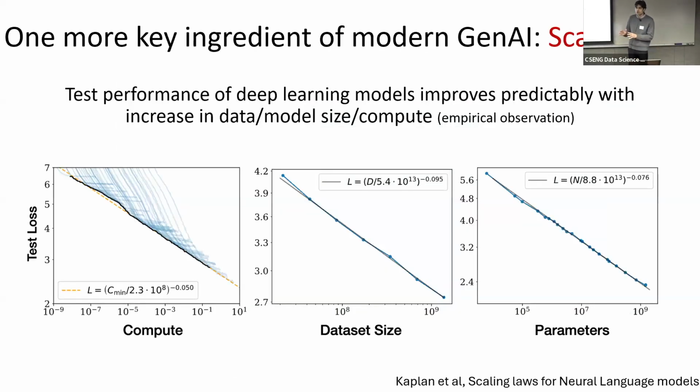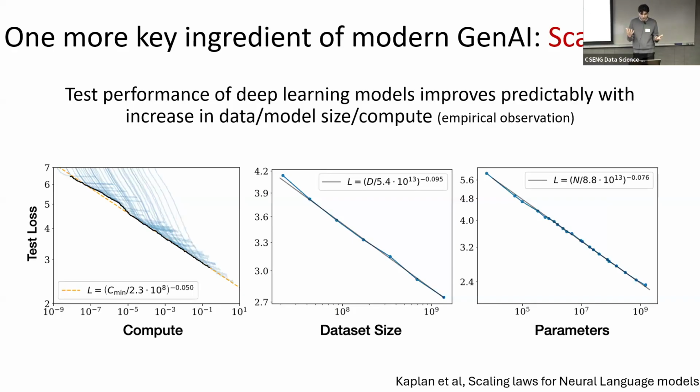So what I have discussed till now is really about what are some objectives that we can use to come up with these generative models, right? But that is not the only ingredient. There are other ingredients as well, especially when you commit to, let's say, training a large diffusion model for multiple weeks or months, then you have to be sure that your training will lead to good results.